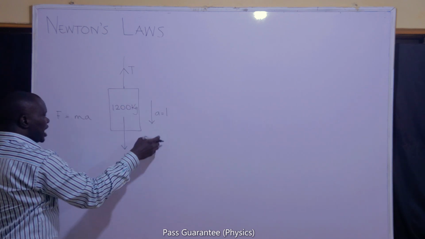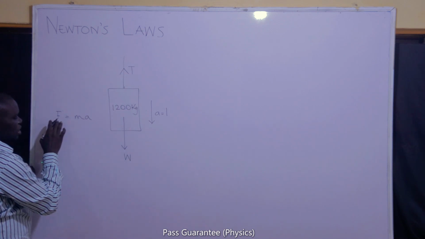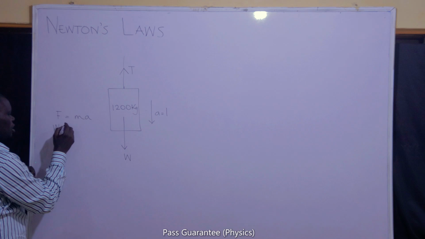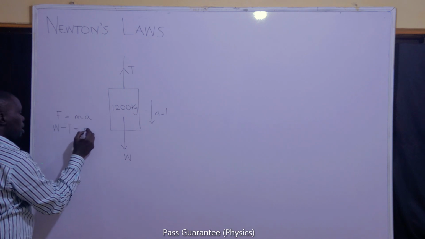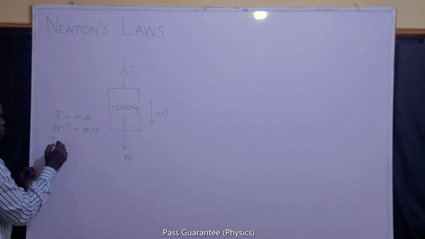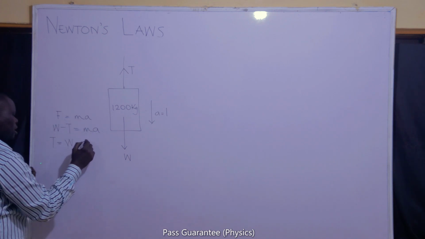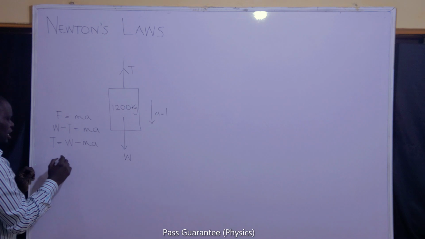Because it is falling, I expect the downward force to be more than the upward force. So the resultant force will be W minus T, and that is equal to MA. So I can now do T equal to W minus MA, because it is T that they want me to find.